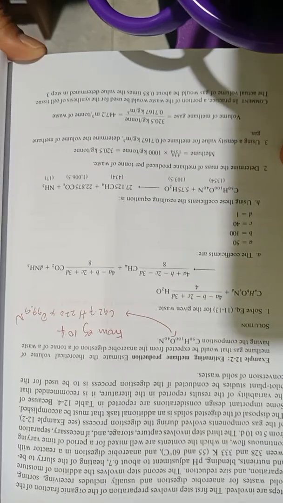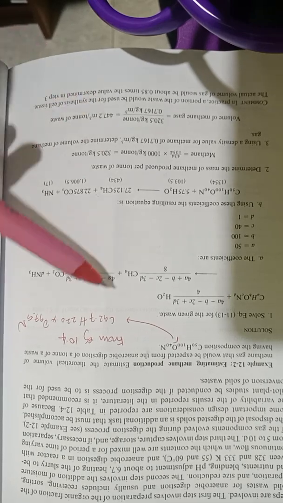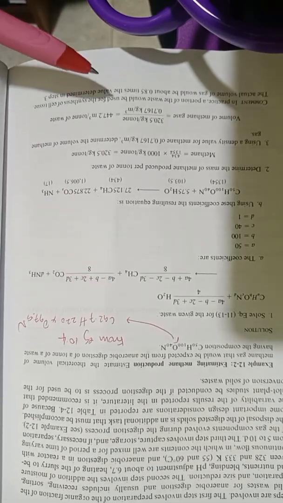So you will have this much methane produced per ton of waste. How much volume of methane gas? You use the density. The density might be given in the question or you may refer to the appendix as well.